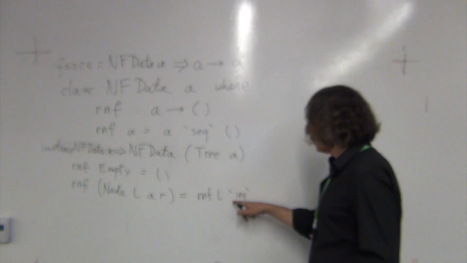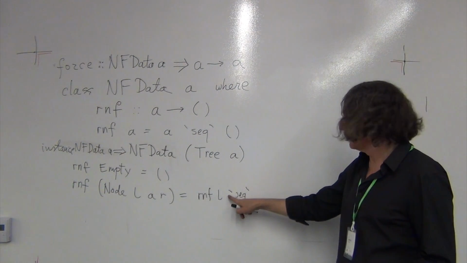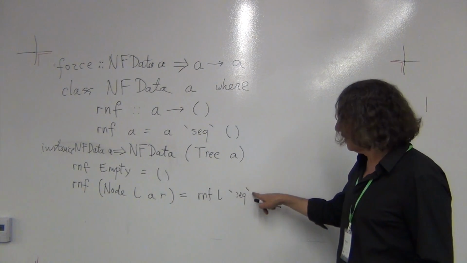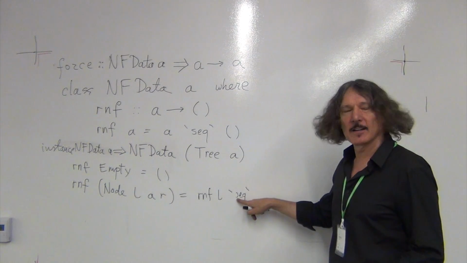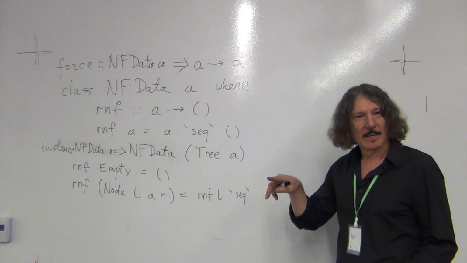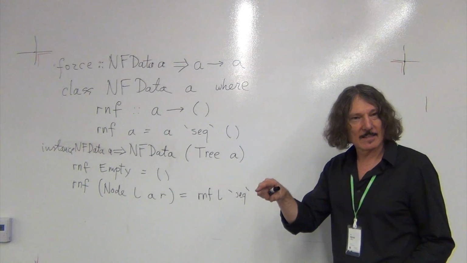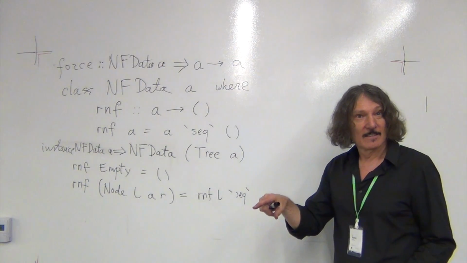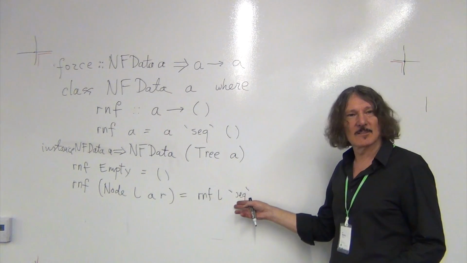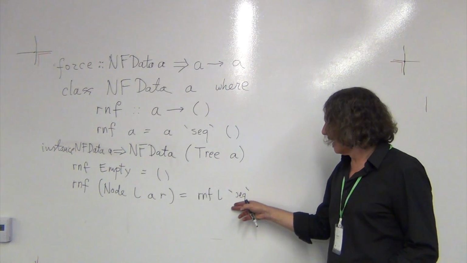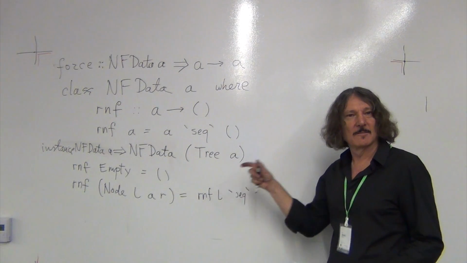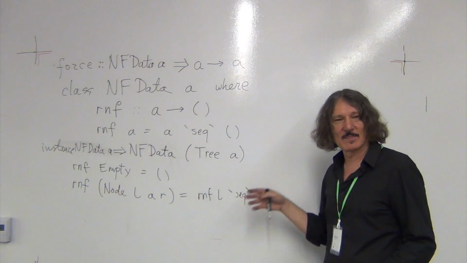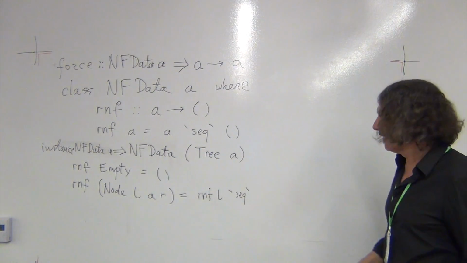Oh, I didn't say how I do this. I put seq in backticks. If you take a function and put it in backticks, you can use it as an infix. So it's sometimes very nice to just say, okay, do this and then do something else. So seq used as an infix operator spells things nicely.